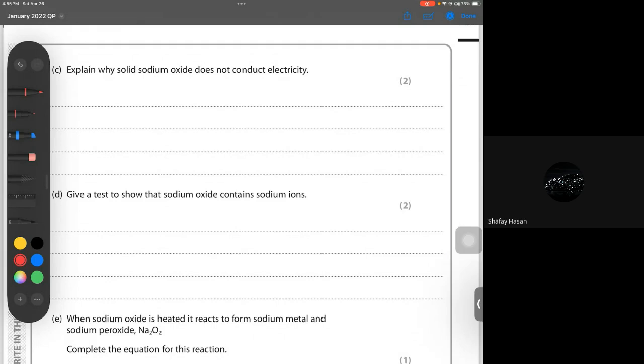So sodium oxide has a giant lattice structure.